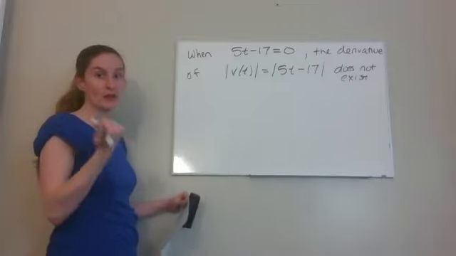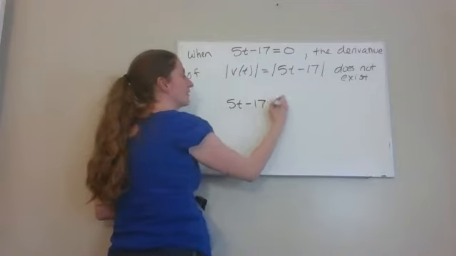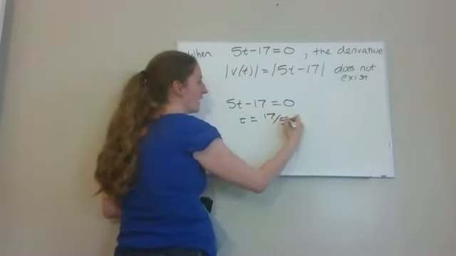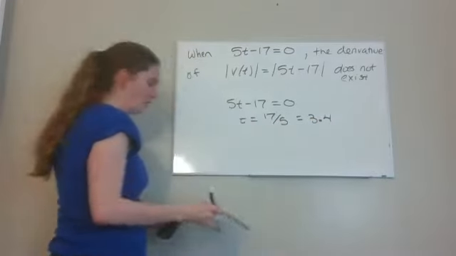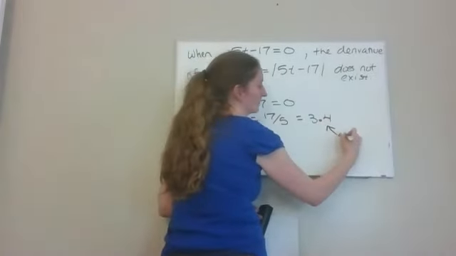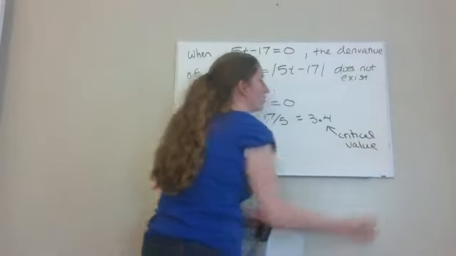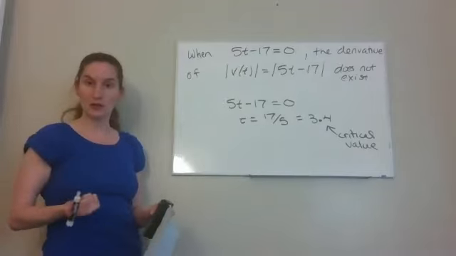Because that will give us our critical value. 5t minus 17 equals 0 when t is equal to 17 over 5, which is 3.4. So that is my only critical value. It's a critical value because my derivative does not exist at that particular value of time.